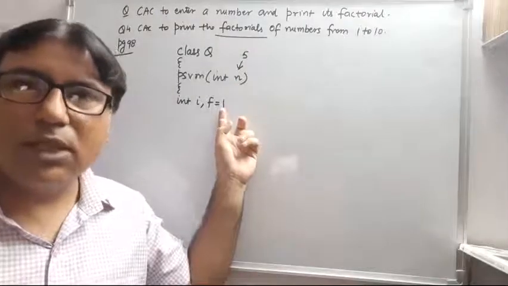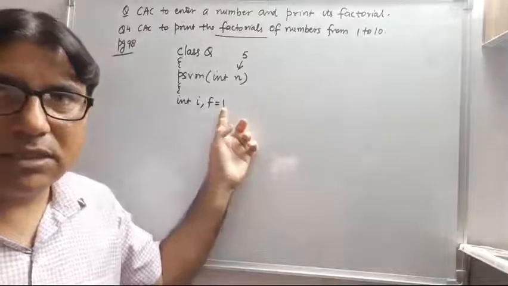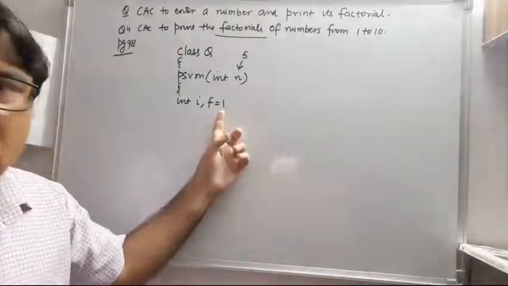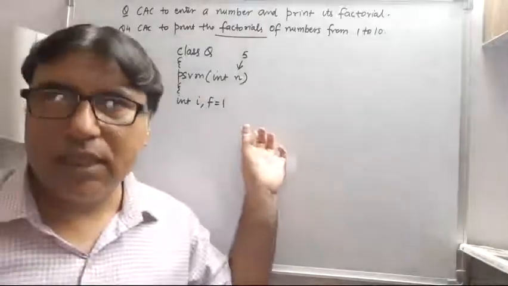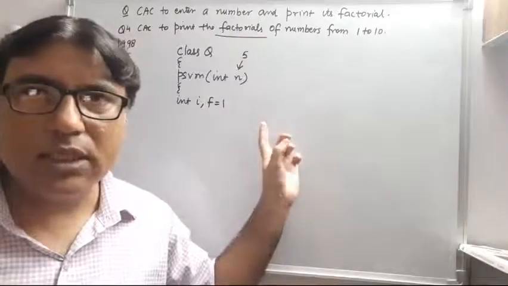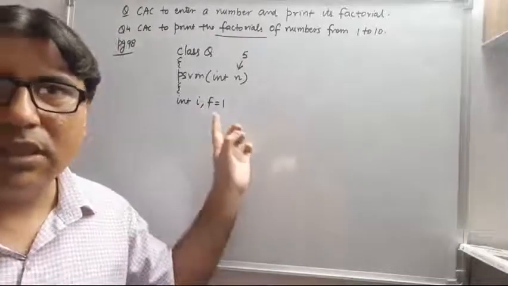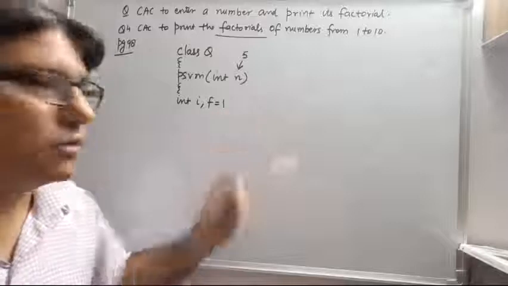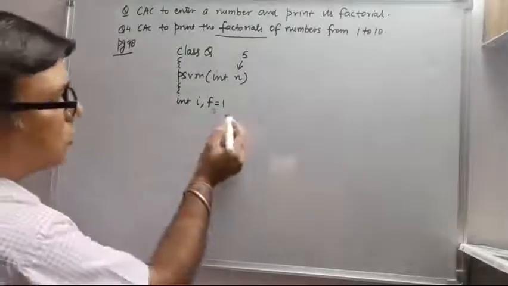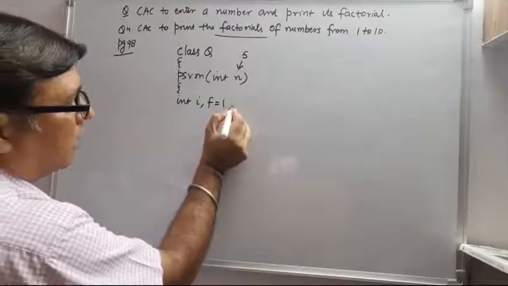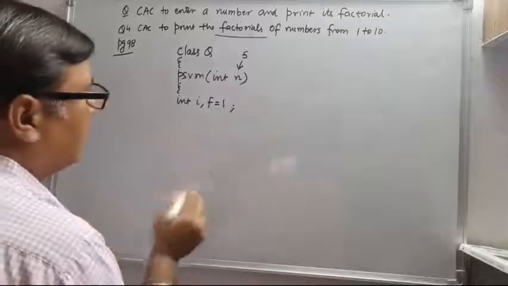That is why for multiplication we take the accumulator as 1, and for addition, the additive identity is 0, that is why we take the accumulator as 0. F is to store the factorial of a number, then semicolon.